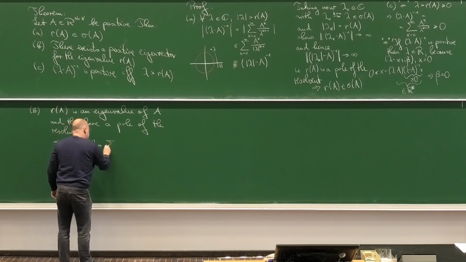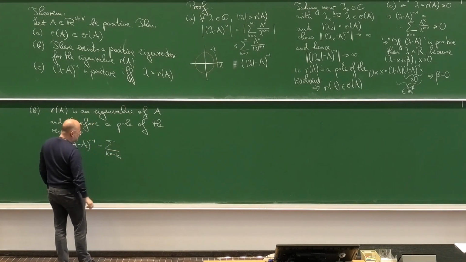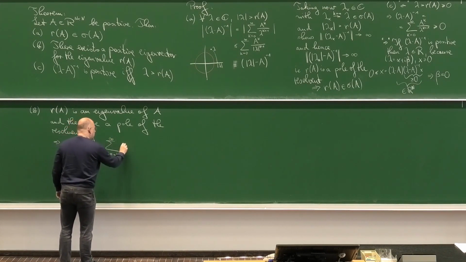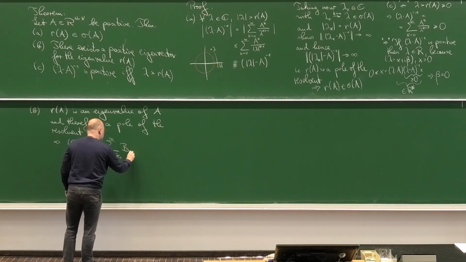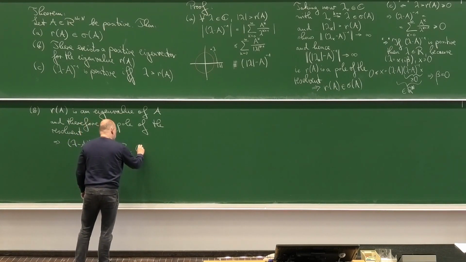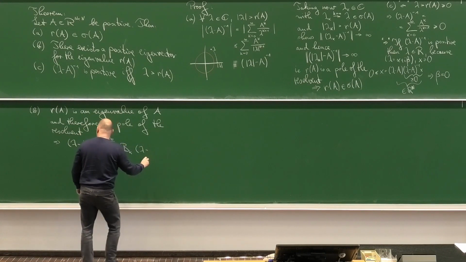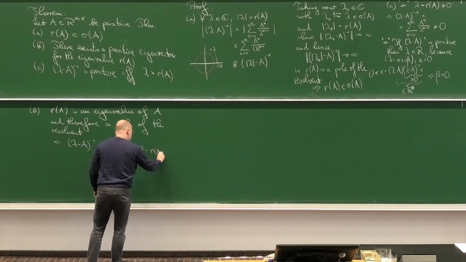I can write it as a series which starts at some minus k0 and goes to infinity, and then there are bk and lambda minus r of A to the power k.